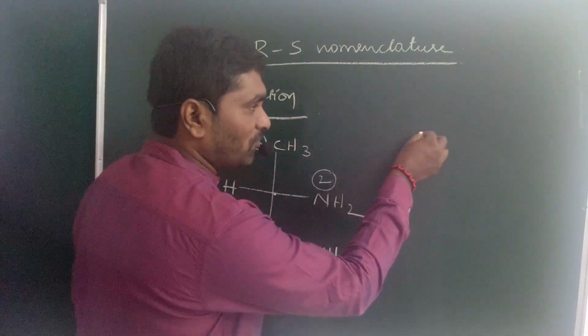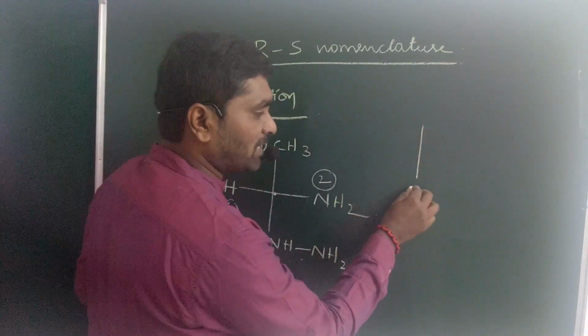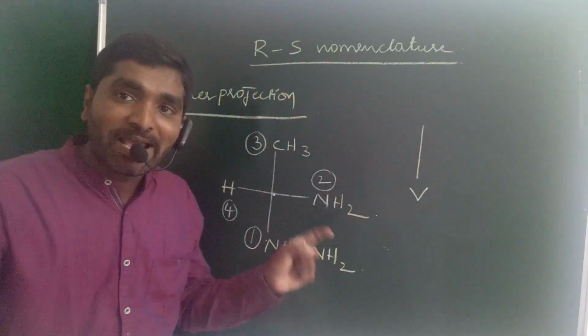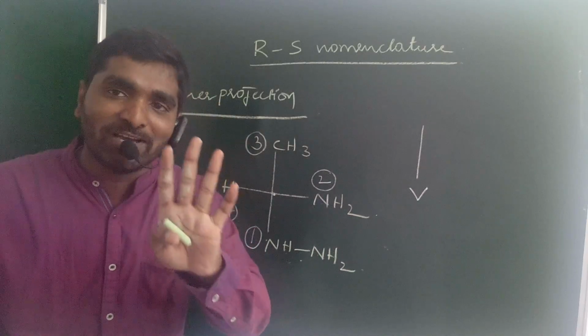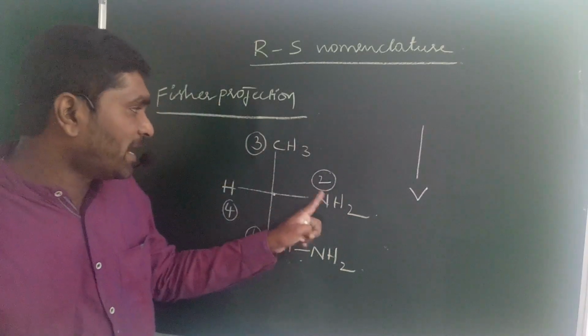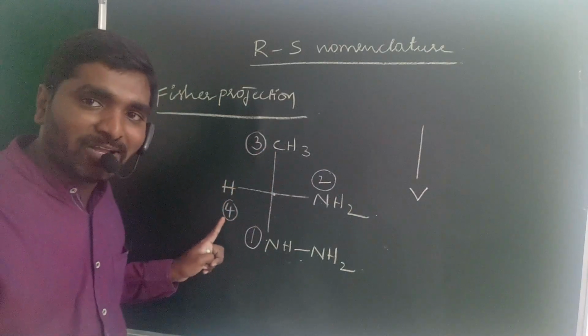In Fisher projection formula, the least priority group means the fourth one. That means first priority, second priority, third priority, and the fourth one which is the least priority group.